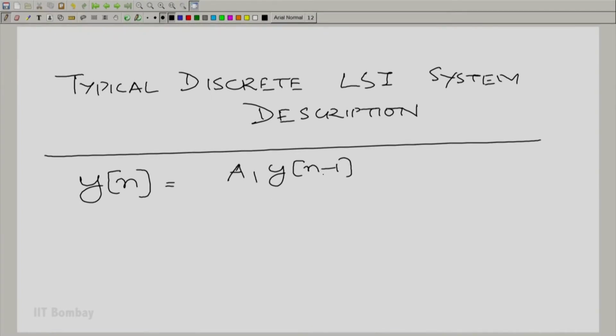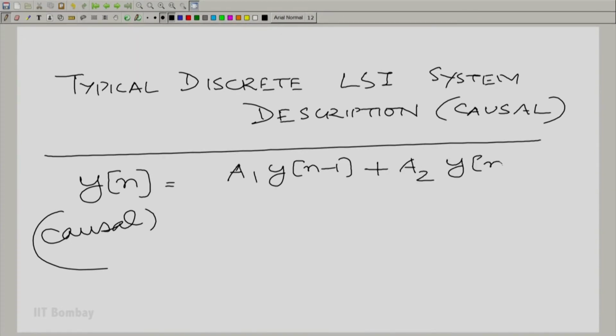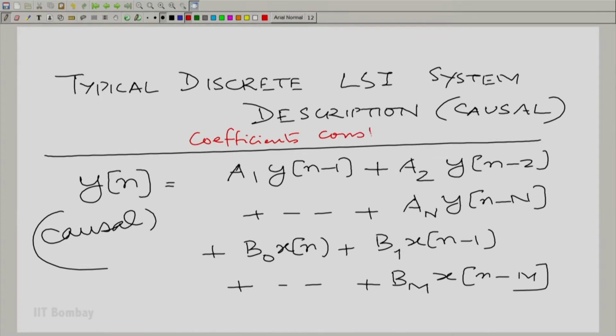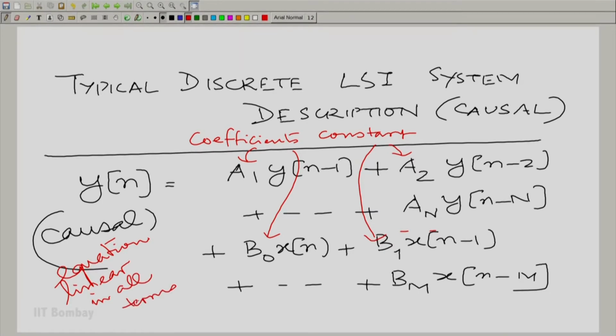Now, here I am talking about a causal system, but of course, you could have non-causal ones too. We do not want to go into that right now, but anyway, a typical causal system description would look like this. So, here again these coefficients are constant and the equation is linear in all terms. So, here again we have an LCCDE.